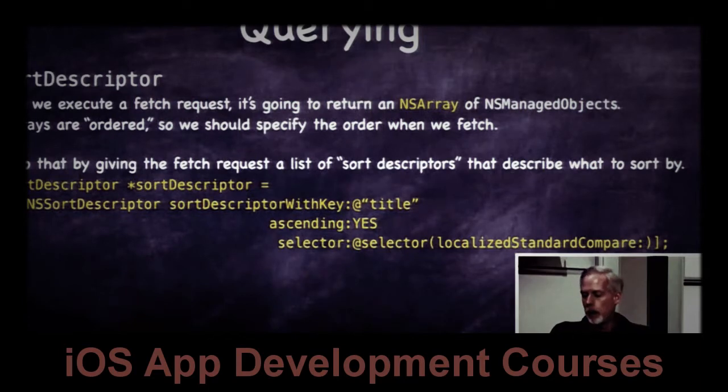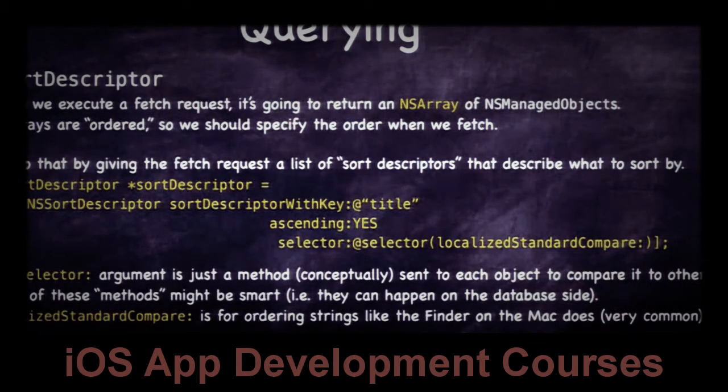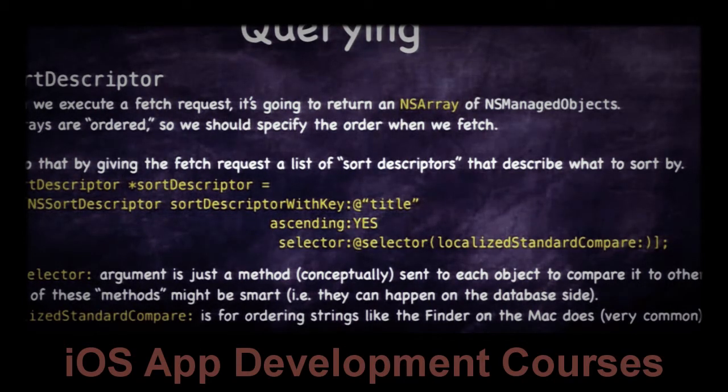Okay? Now, what is localizedStandardCompare? LocalizedStandardCompare means sort them like they would look in the Mac Finder, basically. Or that's kind of a colloquial way of saying it, but basically sort them how real people think things should be sorted. Not case insensitively, do the right thing with diacritic marks if it's a language that has a lot of diacritics, that kind of thing.